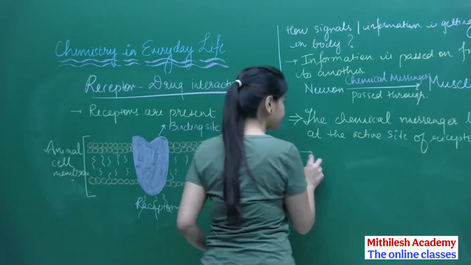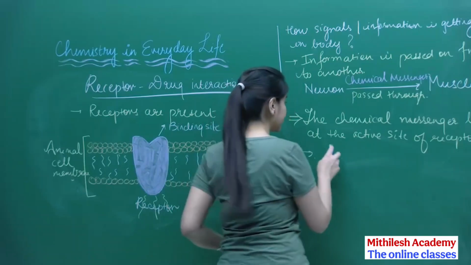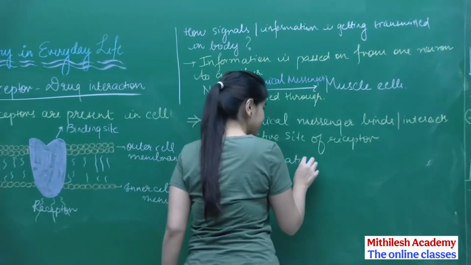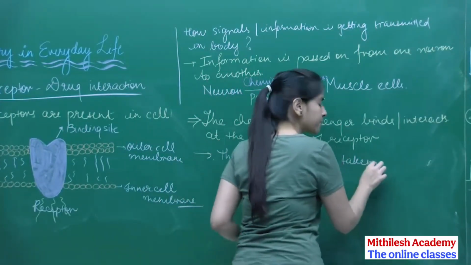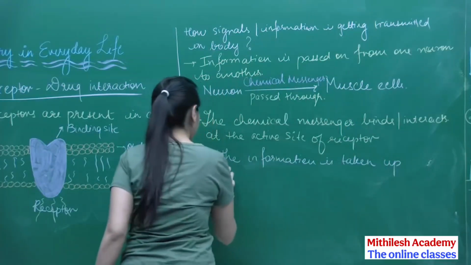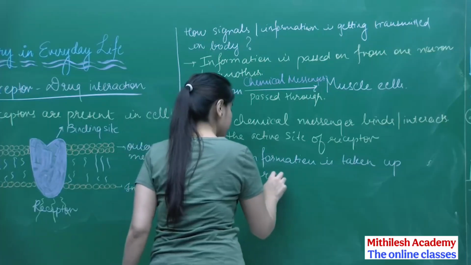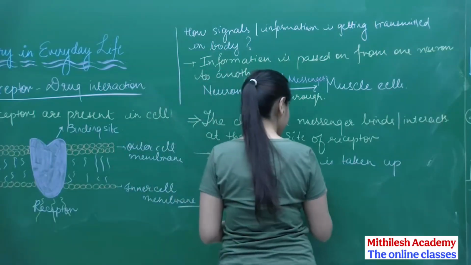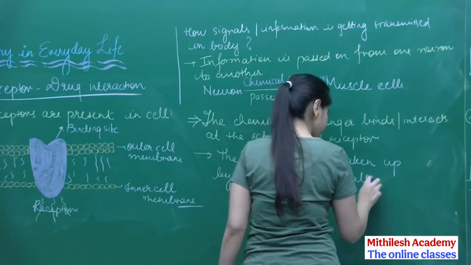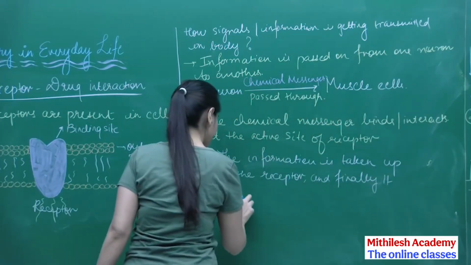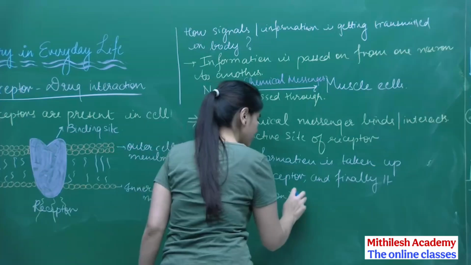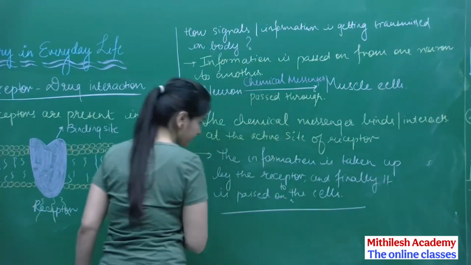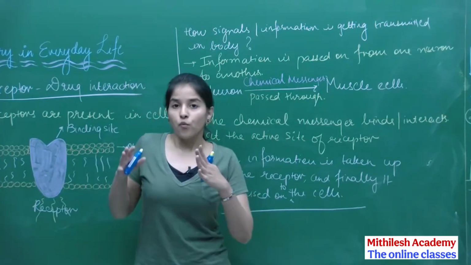So the chemical messenger first binds, then the information is taken up by the receptor, and finally it is passed on to the cells. So that is what the main process is.